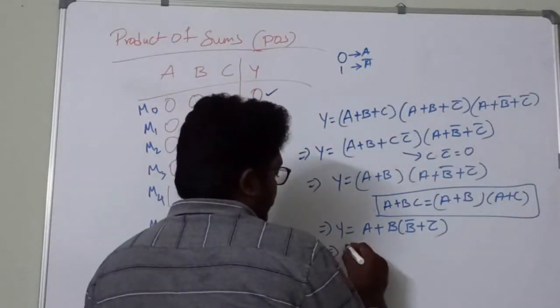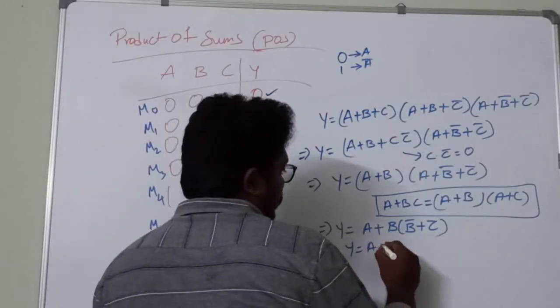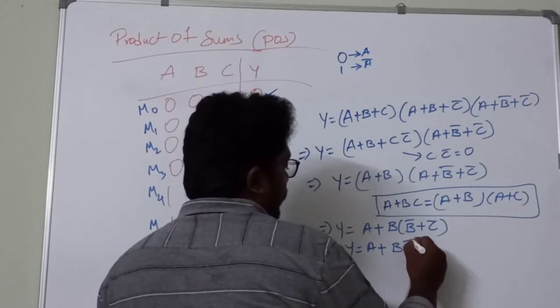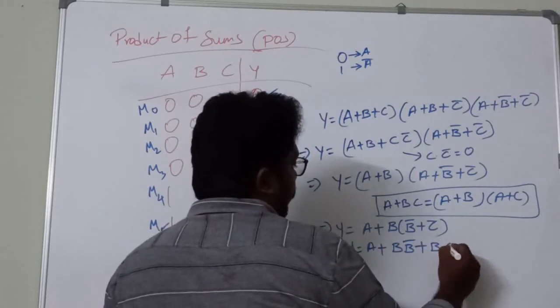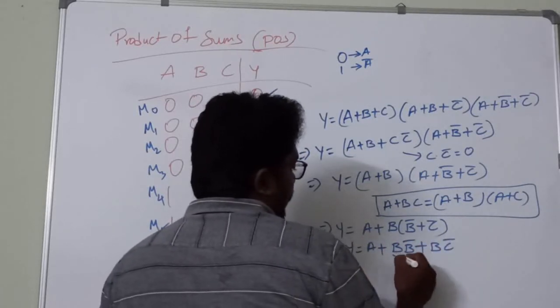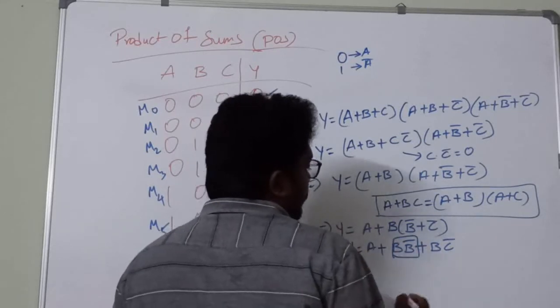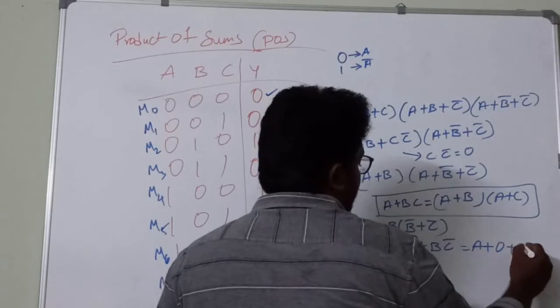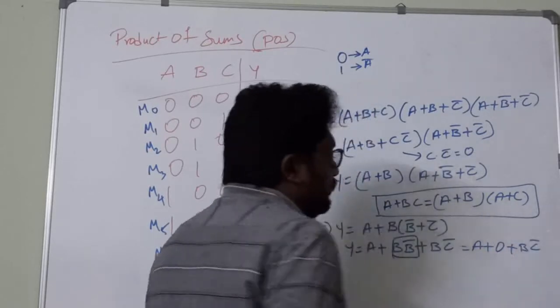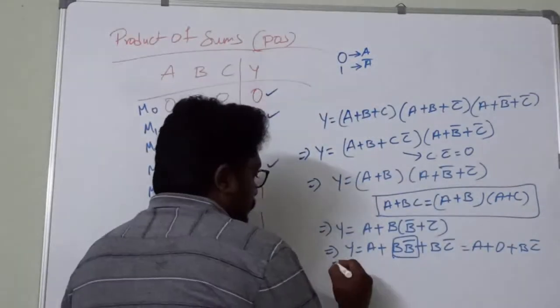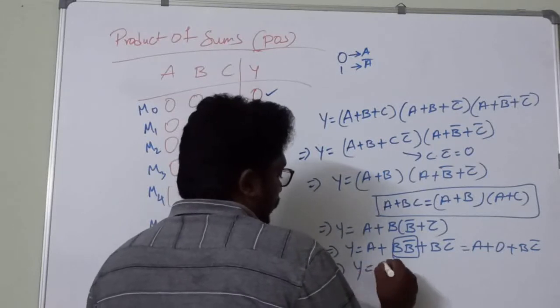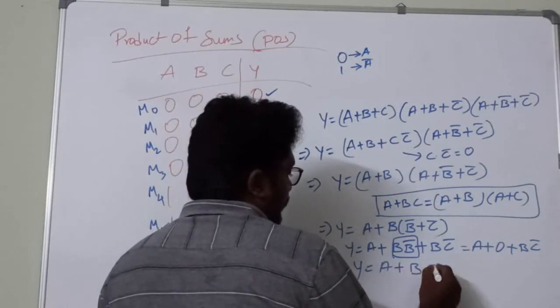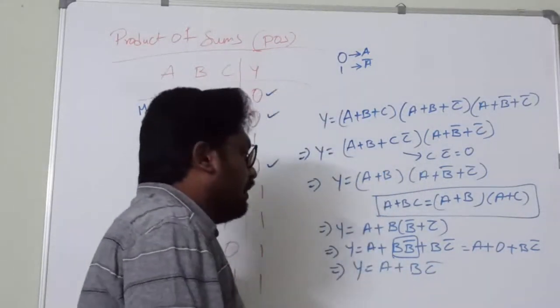Then the expression becomes y is equal to A plus B into B complement plus B into C complement. Again this B into B complement will become 0. So that is A plus 0 plus B into C complement. So this implies y is equal to A plus BC complement.